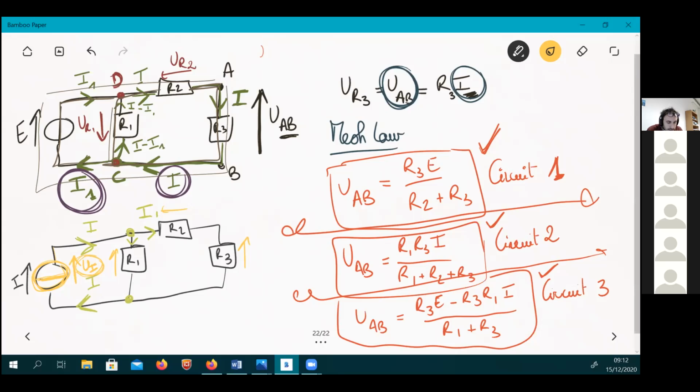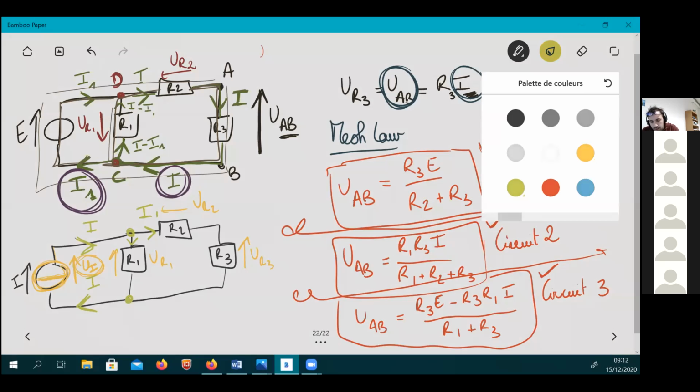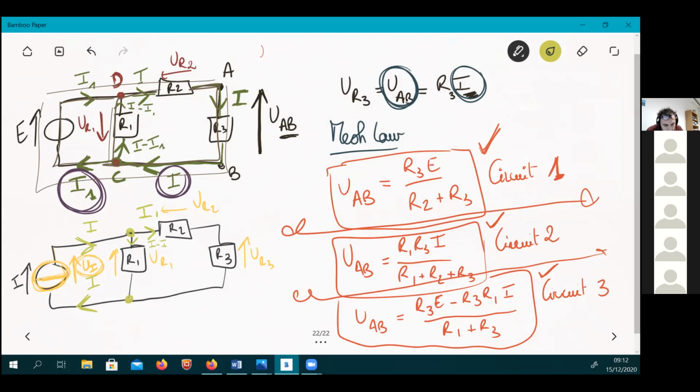So here, you keep labeling the voltages. You know that the current flowing in this direction is I minus I1. So you don't want to play with this branch, which includes a current generator with an unknown voltage in between its terminals.